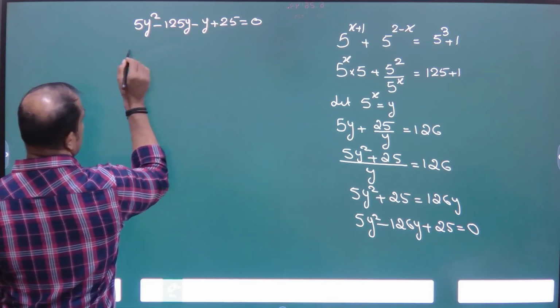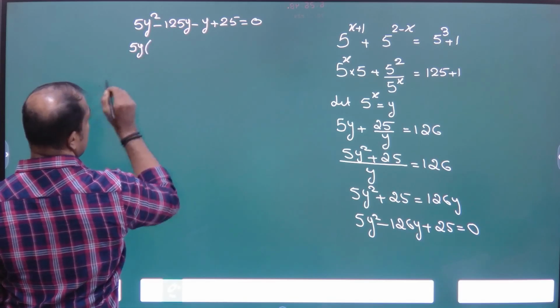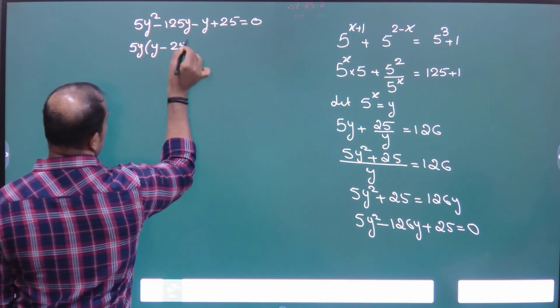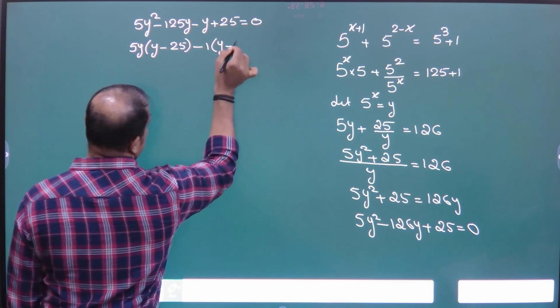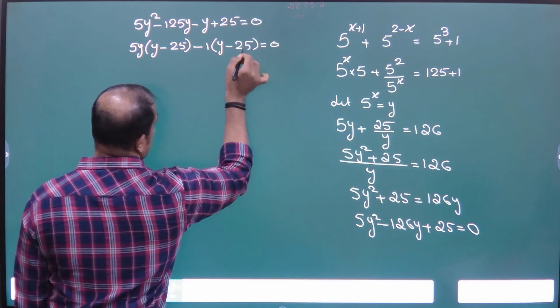What are the factors? 5y common, y minus 25, minus 1 common, y minus 25 is equal to 0.